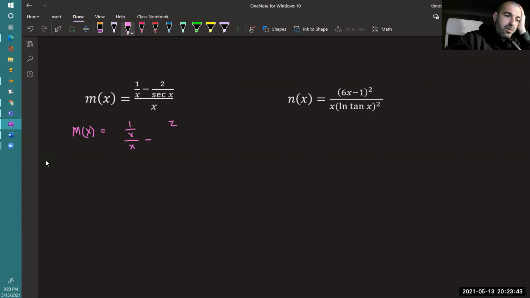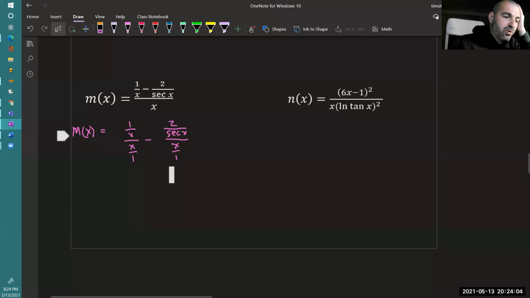Minus 2 over secant x over x, okay? You can split that denominator out. Now, this is kind of like that. So now you have yourself some complex fractions here. And so it's 1 over x over 1, so I can multiply by the reciprocal.